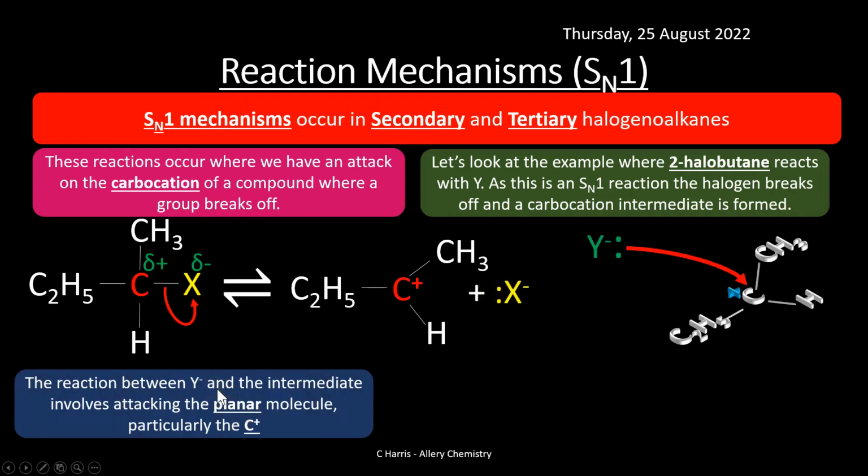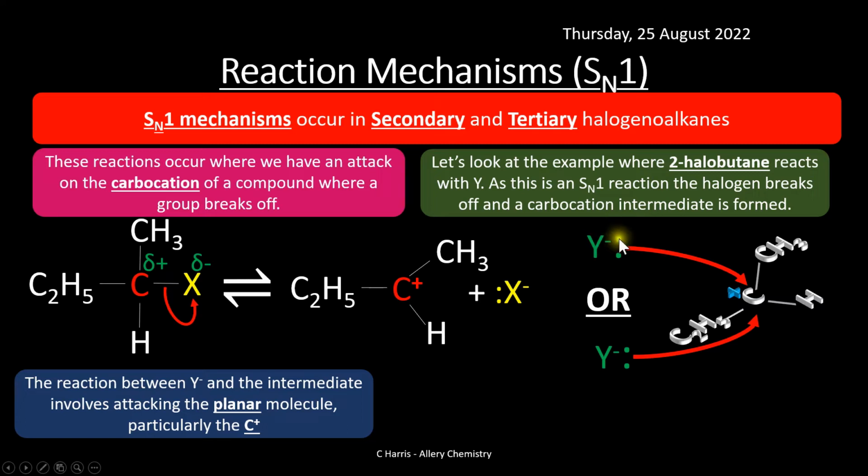So the reaction is between Y minus, which is this bit here, which is your reactant, and the intermediate, which involves a planar molecule. Effectively, what's being produced here is a flat molecule, and we've seen these in the bonding topic earlier. It's got an actual positive charge on this carbon.